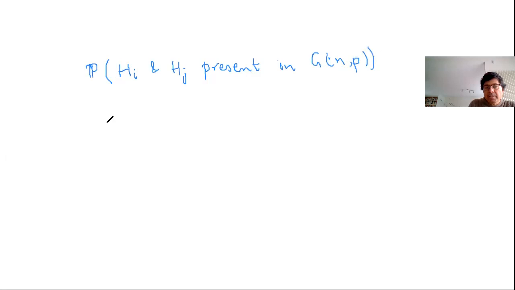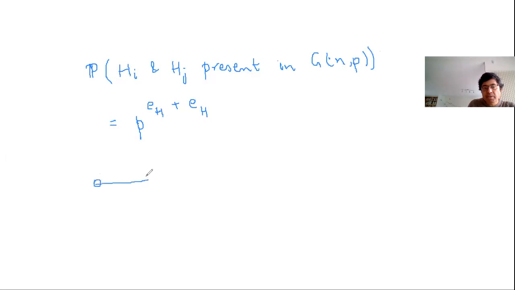So how many edges do we need for Hi and Hj to both be present? It's p raised to the power the number of edges we need. We need EH edges for Hi to be present, and another EH edges for Hj to be present. But some of these edges are common.